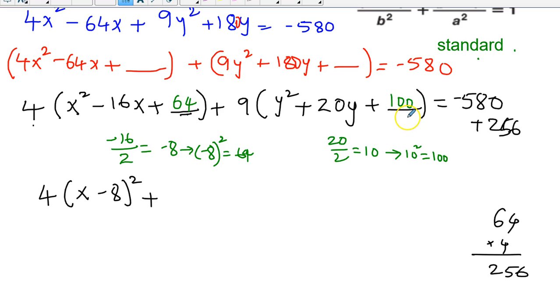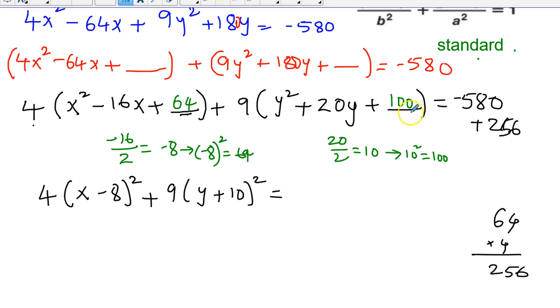So on writing this 100, what happens to this expression? It becomes a perfect square, y plus 10 whole squared. Right? This is how that 9 times y, because of the plus sign, I have to write plus 10 whole square. So you got a perfect square here.